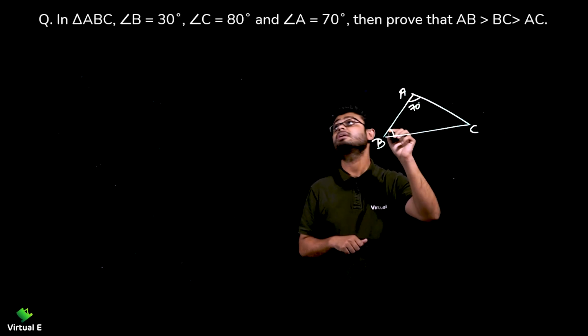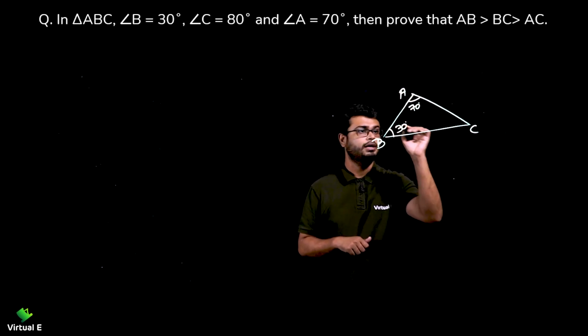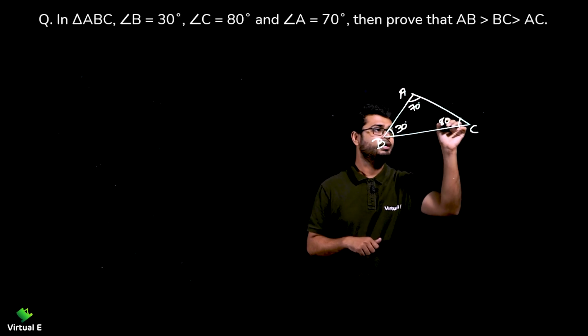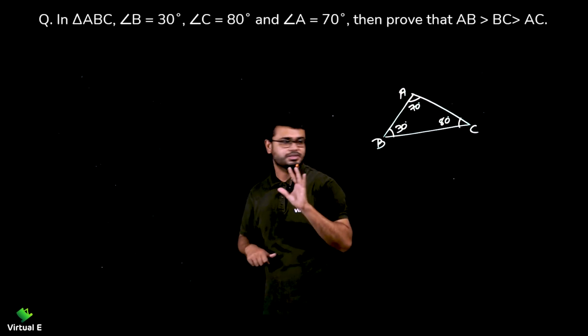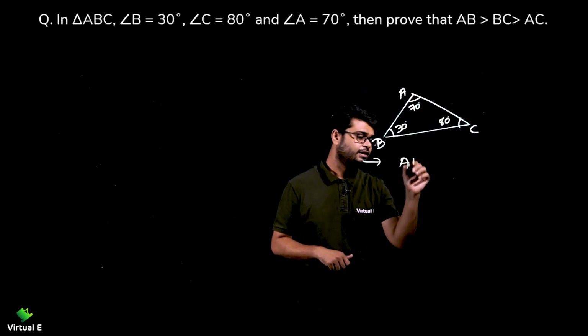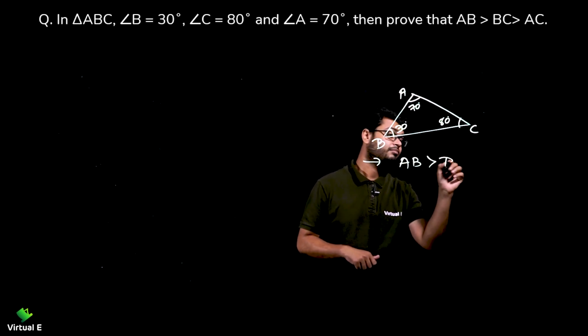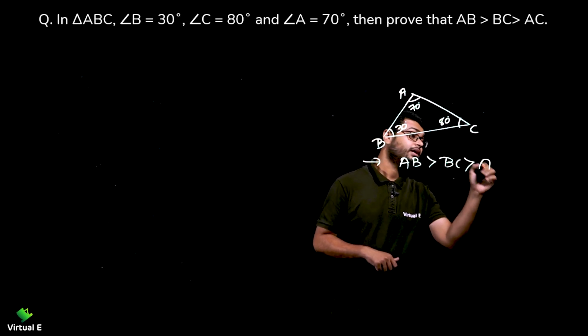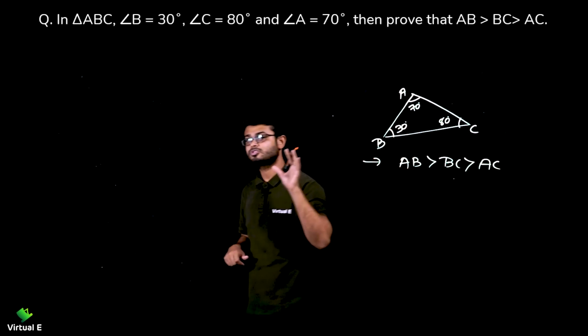This is angle B, that is 30 degrees, and angle C is 80 degrees. This is what we are supposed to write. And what we need to prove is that AB is greater than BC, greater than AC.